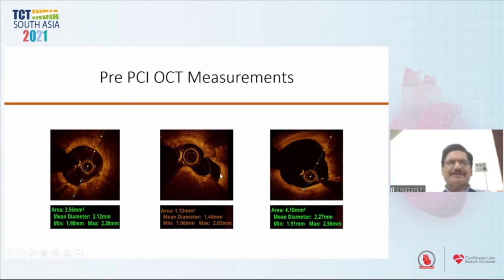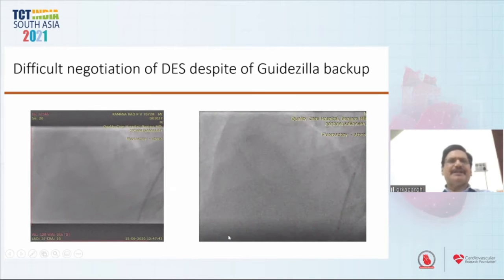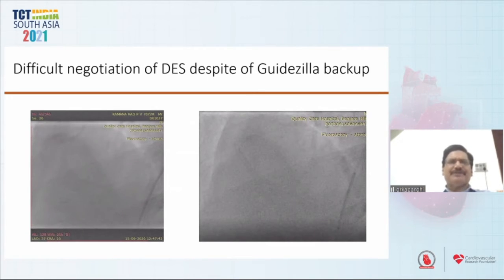The measurements at the tightest lesion: the area is 1.6 square millimeters with a vessel diameter of 2.0 millimeters. Subsequently, after lesion preparation, we wanted to pass a 2.75 into 28 millimeter stent with the help of the guide extension, a mother and child in the 6 French guide catheter, but were unable to negotiate, and ultimately the entire system came back.